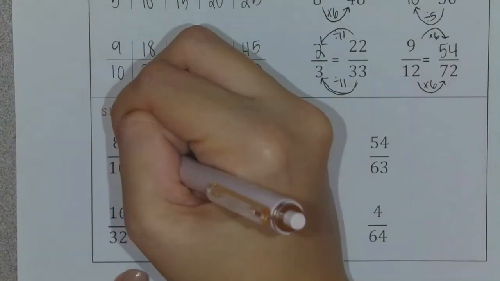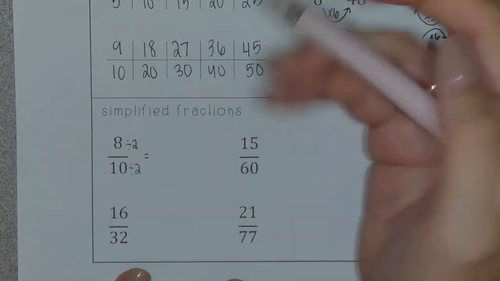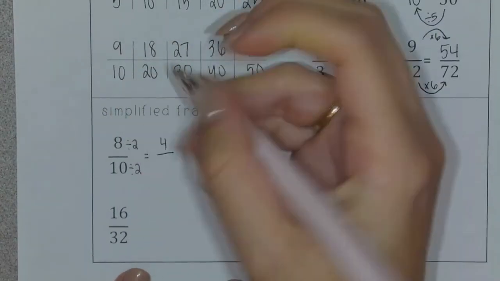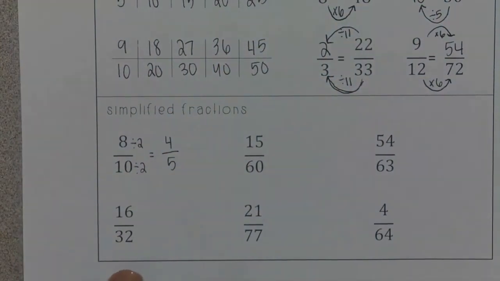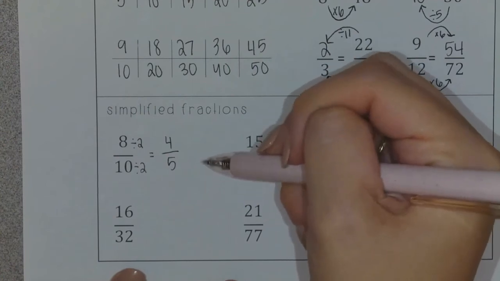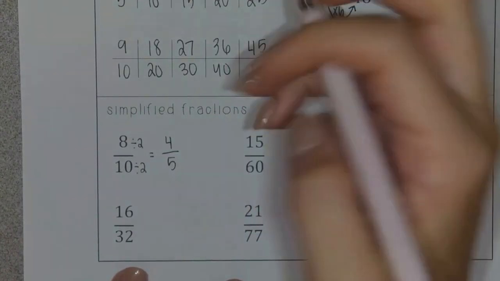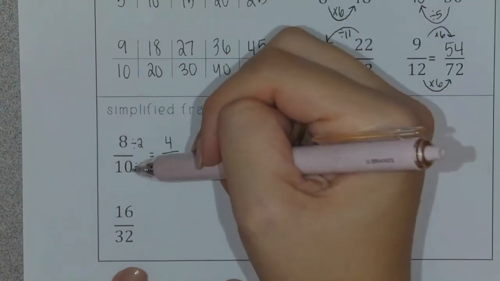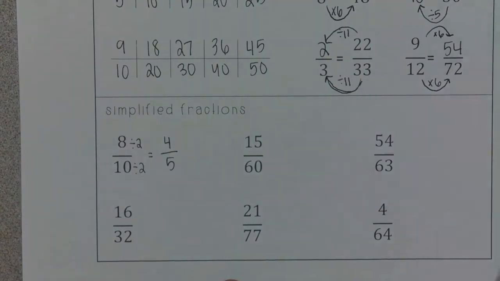I can divide top and bottom by 2. And when I do that, 8 divided by 2 gives me 4. 10 divided by 2 gives me 5. Now, 4 and 5 aren't divisible by the same number. 5 is a prime number, so I can't make that any smaller. So 8/10 simplified is the fraction 4/5.